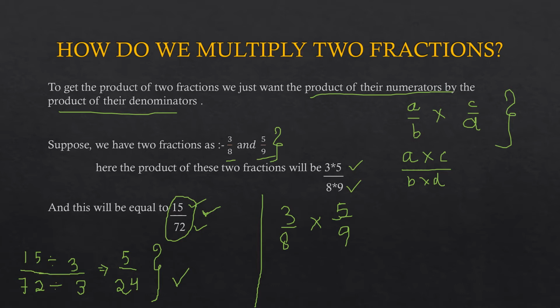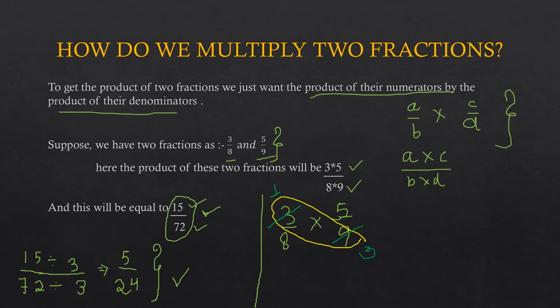Here, 3 and 9 have a common factor between them, and that is 3. Therefore we can reduce them here only. 3 divided by 3 gives us 1 and 9 divided by 3 gives us 3.